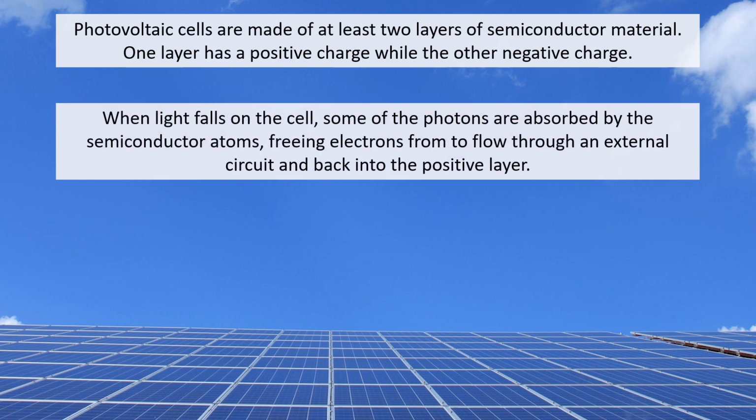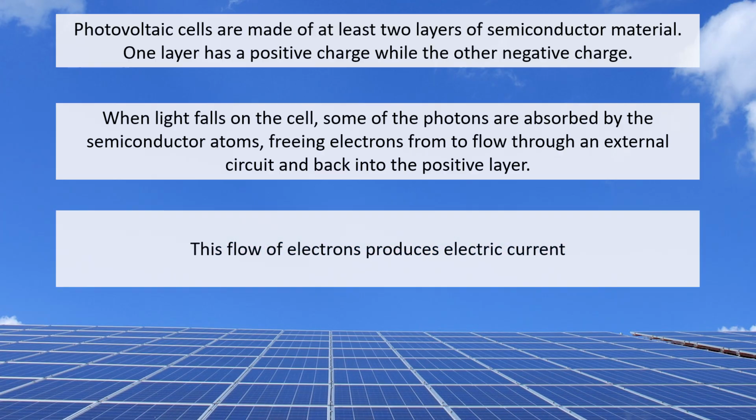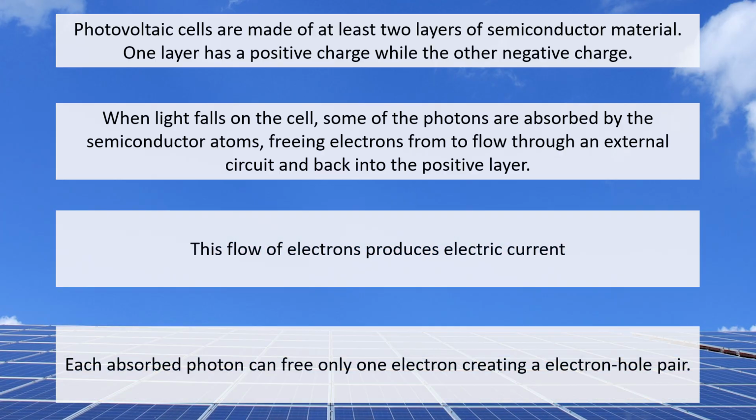When light falls on the cell, some of the photons are absorbed by the semiconductor atoms, freeing electrons to flow through an external circuit and back into the positive layer. This flow of electrons produces electric current. Each absorbed photon can free only one electron, creating an electron-hole pair.